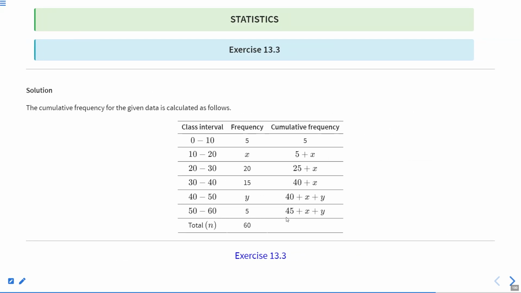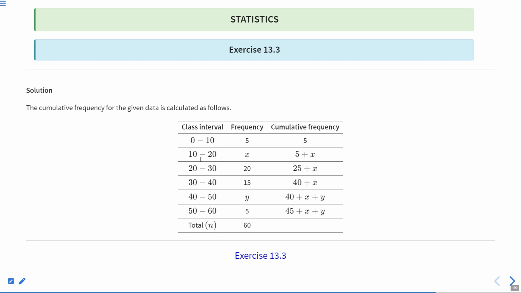Okay, so the cumulative frequency for the given data is calculated as follows. In this column we calculated the cumulative frequency. For the class 0 to 10, the frequency is 5 and the cumulative frequency is 5. And for the class 10 to 20, the frequency is x, and the cumulative frequency is equal to the sum of this frequency plus this frequency, that is 5 plus x. This is the cumulative frequency for this class.